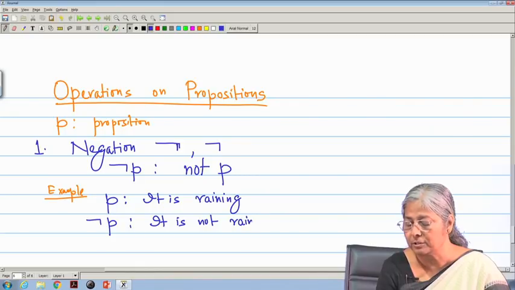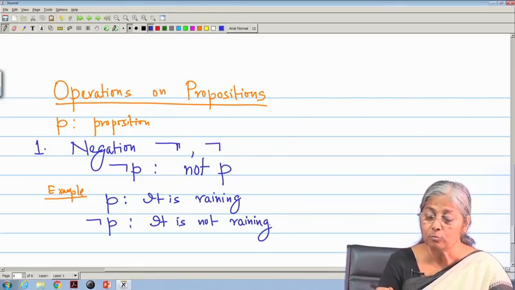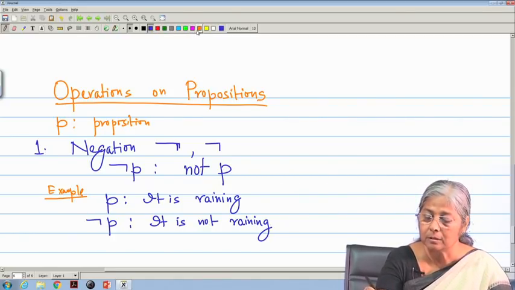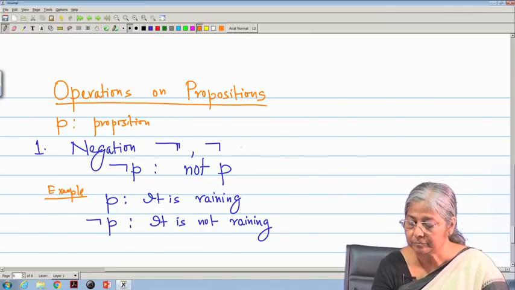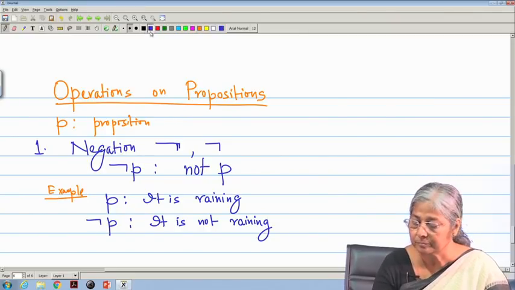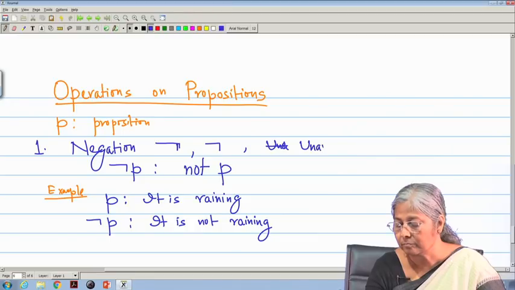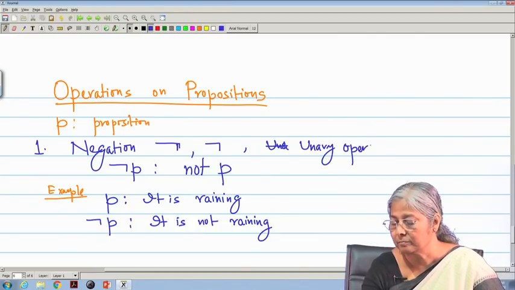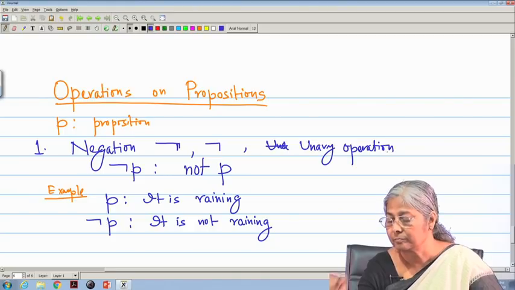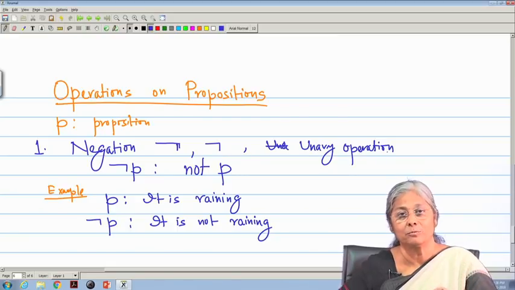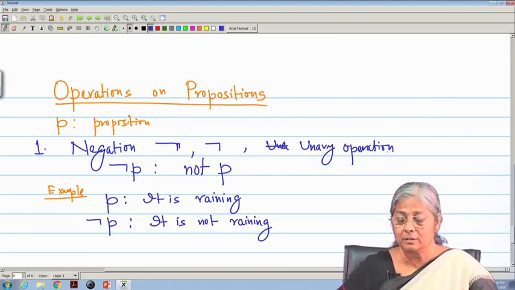This is a unary operator, since it needs only one propositional variable P to work on.